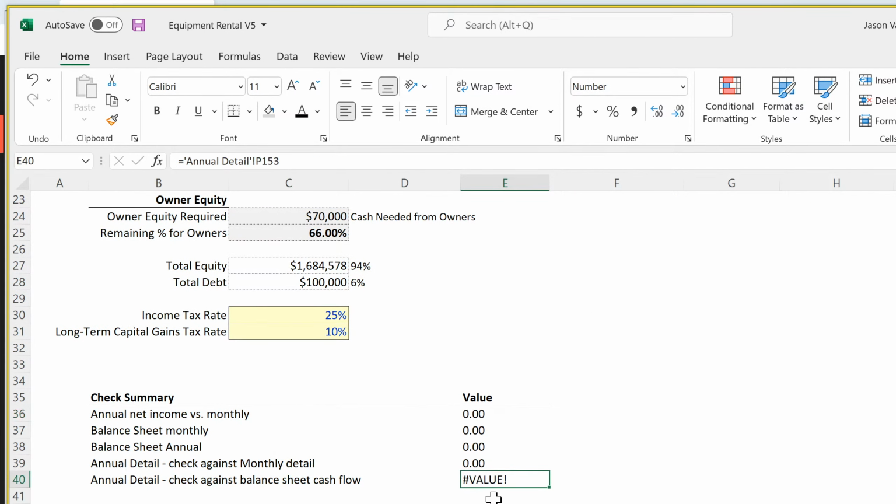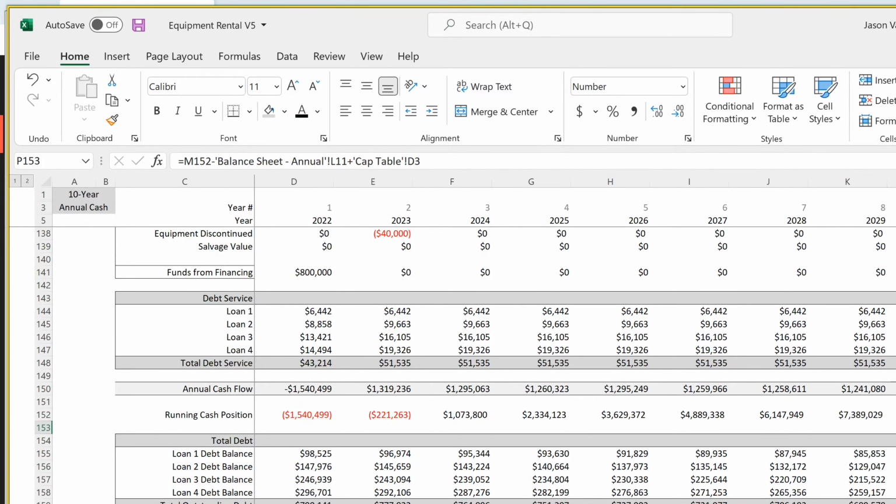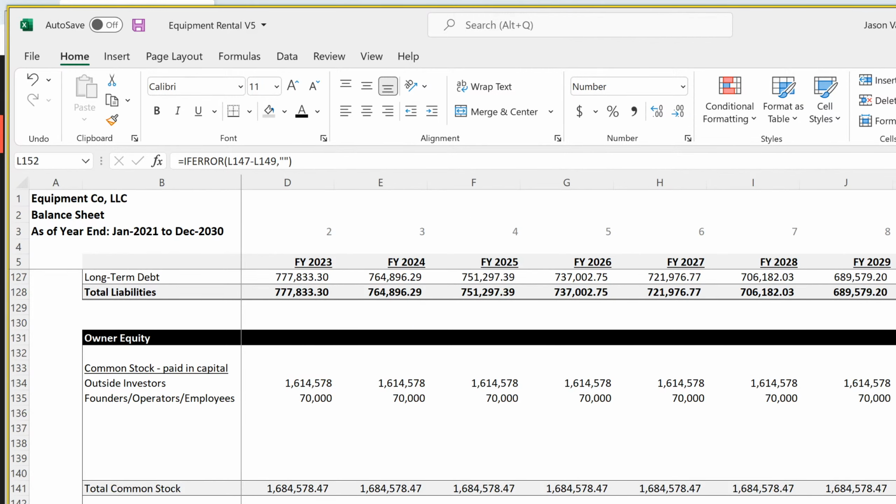Okay, we got a value error. Most guarantee I know what that is. This blank cell trying to be added or something. Let's see. This is probably a formatting thing. Yep.